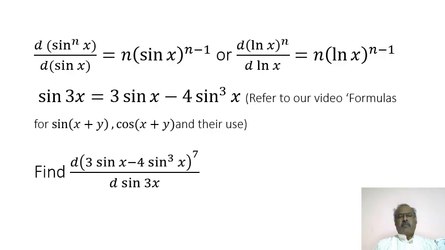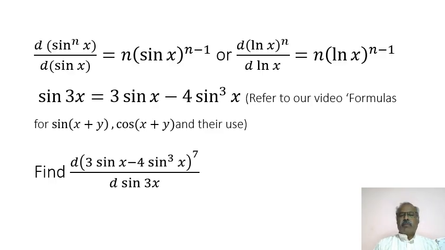Now we know that sine of 3x is equal to 3 times sine x minus 4 sine cube x. If you are unaware of this fact, refer to our video on formulas for sine x plus y and cos x plus y and their use, which is available on this channel. Now we design the question instead of directly designing it. We design the question this way: d of 3 times sine x minus 4 times sine cube x, whole raised to 7.